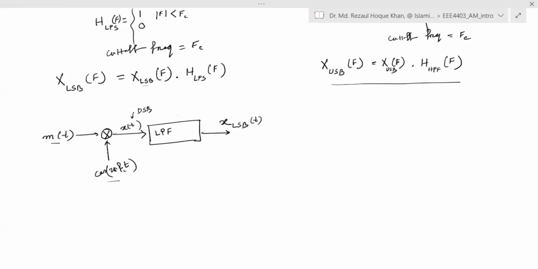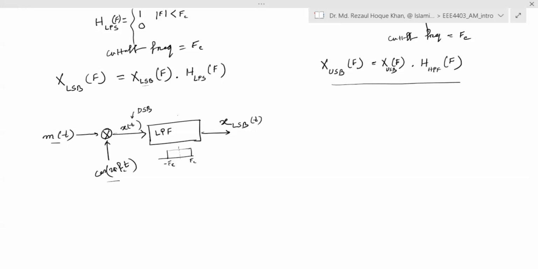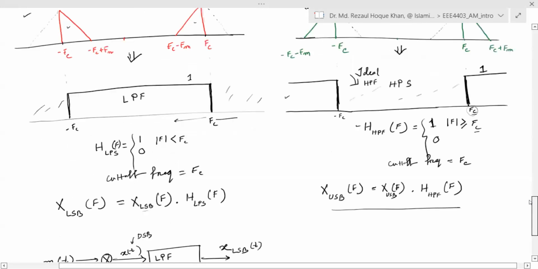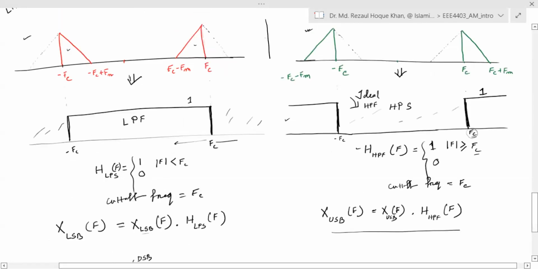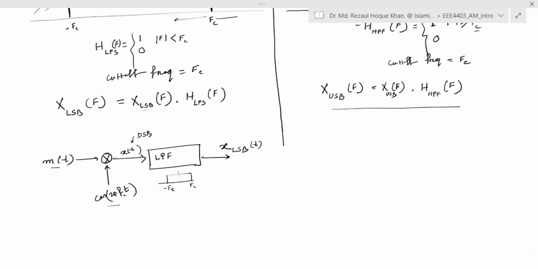Here the low pass filter has a range from minus FC to FC. The USB is different, so we actually separate them. You see, these are two mechanisms side by side for comparison. That's what I'm trying to do now.